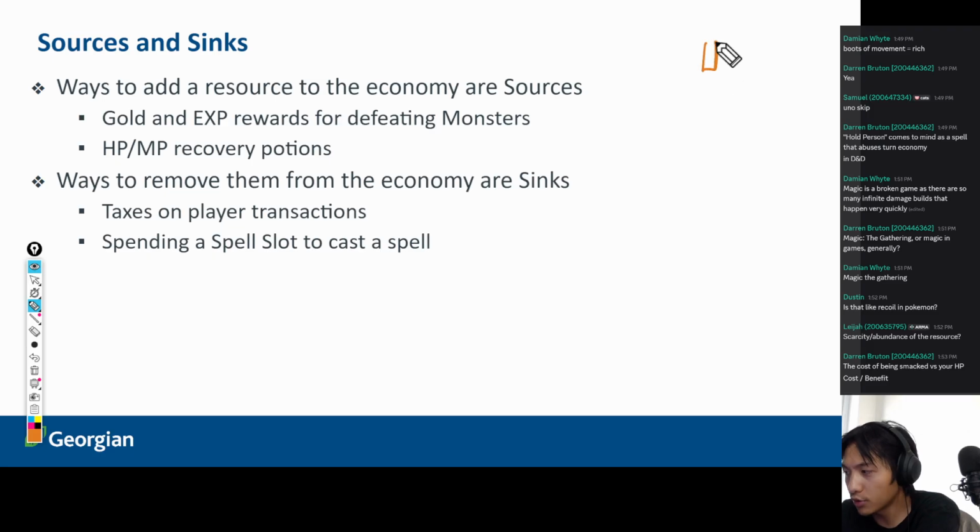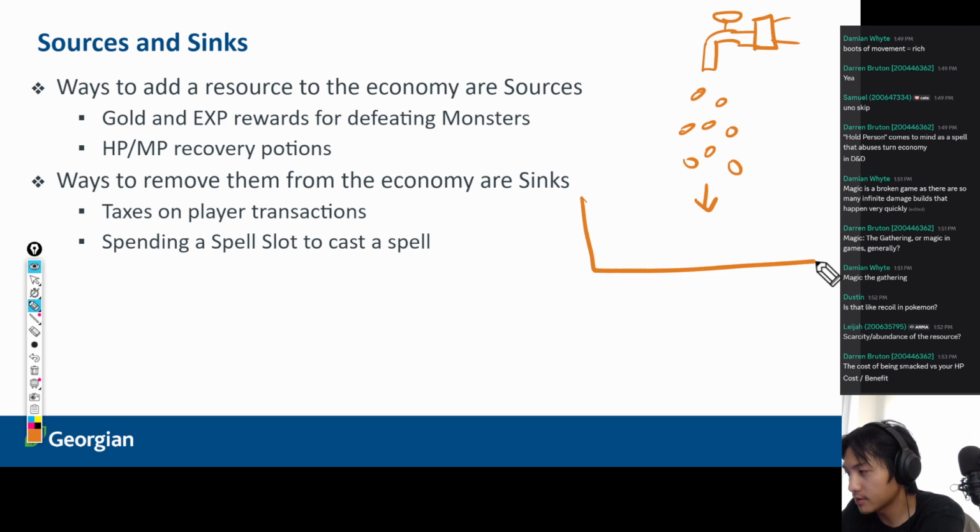Your source is like a tap. It is constantly generating supply in your market, and it's filling up this bucket. You don't want to overflow this bucket.